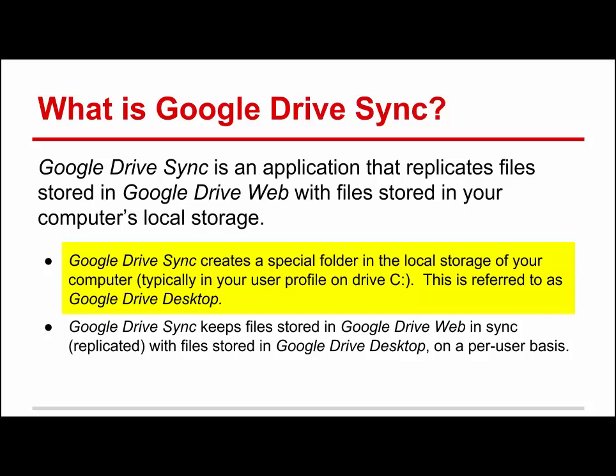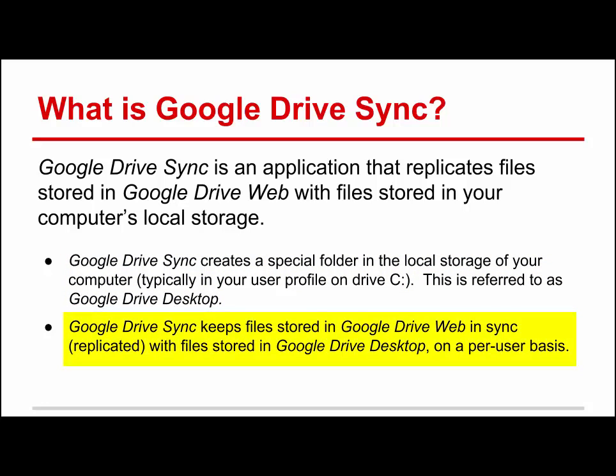Typically, this is your user profile on Drive C for a Windows computer. This is referred to as Google Drive Desktop. Google Drive Sync keeps files stored in Google Drive Web in sync or replicated with files stored in Google Drive Desktop, and this is done on a per-user basis.